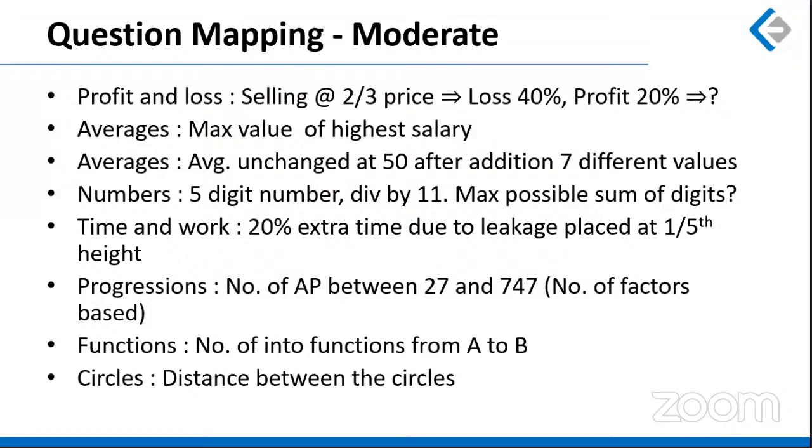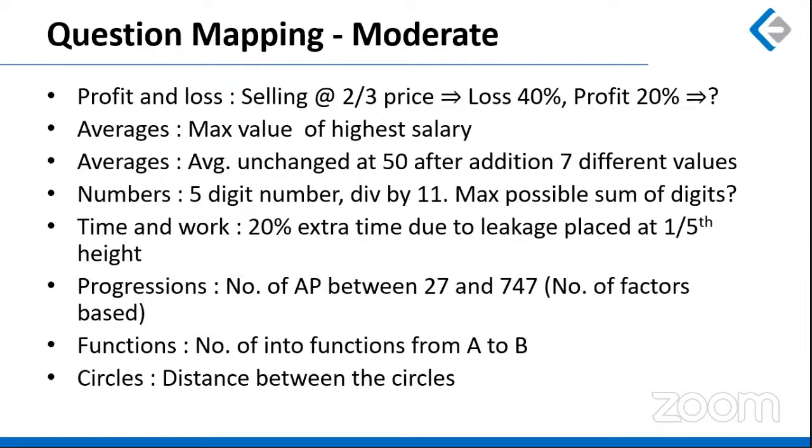A question based on circles was given where we had to calculate the distance between the circles. Now, this one was based on the application of the length of the transverse common tangent. If you know the formula, you can solve this question. The formula for the length of the transverse common tangent is the square root of d squared minus (r1 plus r2) the whole squared, where d is the distance between the centers.